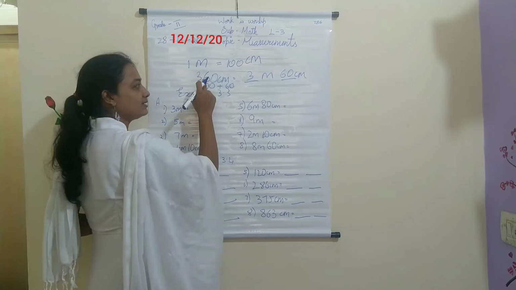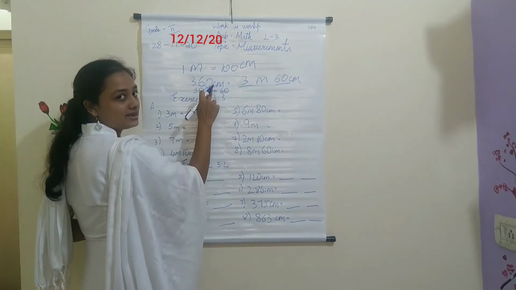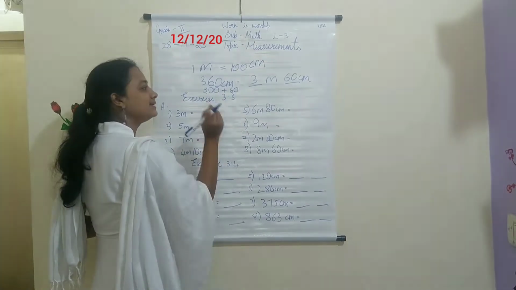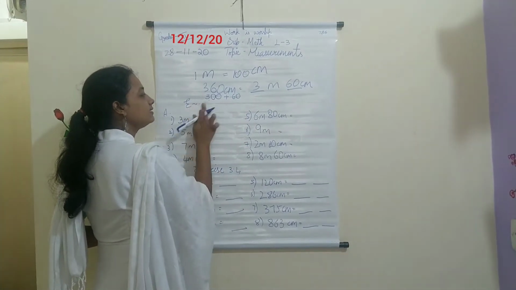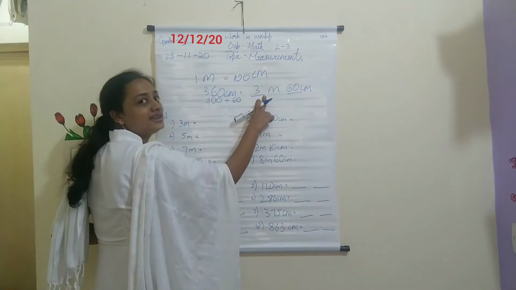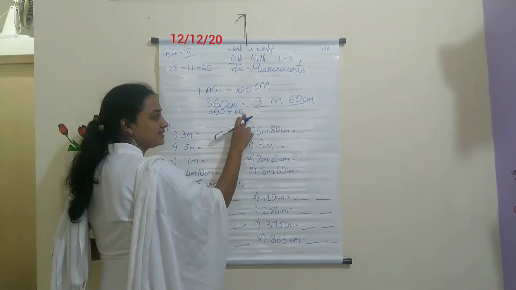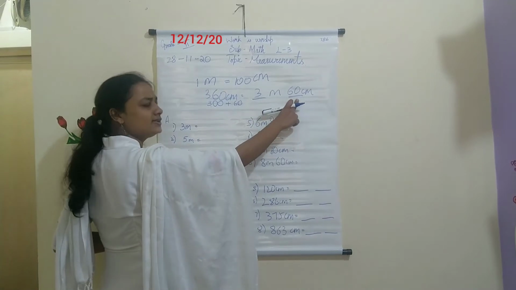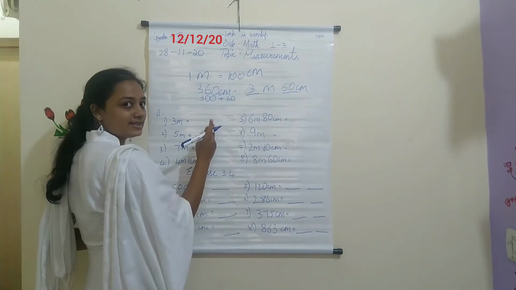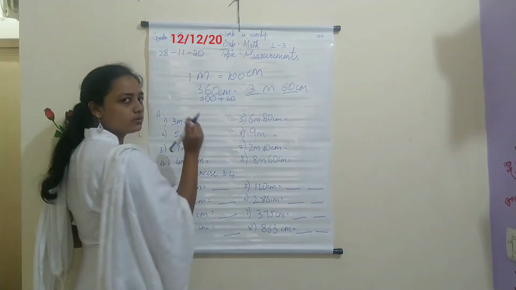If I split 360, I can write it as 300 plus 60. So this 300 centimeters will be 3 meters, and this 60 centimeters will be 60 only. So I write 3 meters 60 centimeters. Did you understand this? Let me give you one more example.